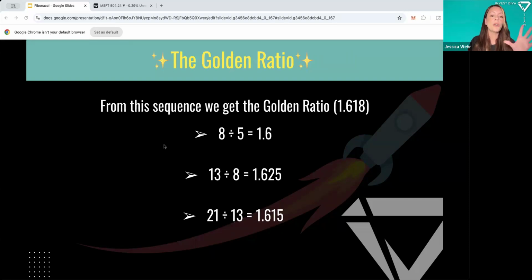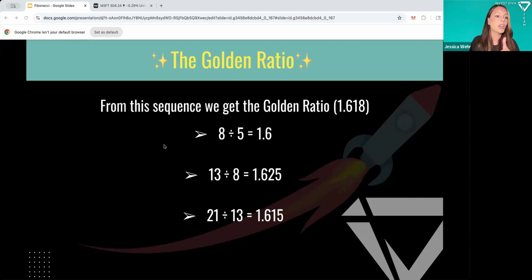Now, the golden ratio, again, this is math, and I want to touch on this because the golden zone, which we're going to get into, is very important with Fibonacci, and we get the golden zone from the golden ratio number, which is 1.618. Now, as you go up in value, so the higher the numbers, the closer it gets to this golden ratio number.